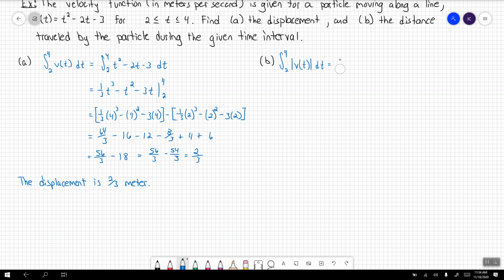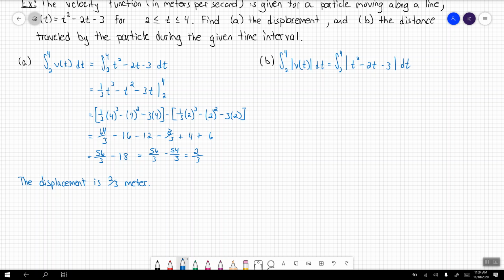So the integral from 2 to 4 of the absolute value of x squared, sorry, I keep using x, it's t, t squared minus 2t minus 3, which means we need to find where this function crosses the x-axis.